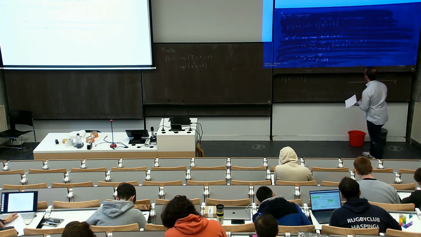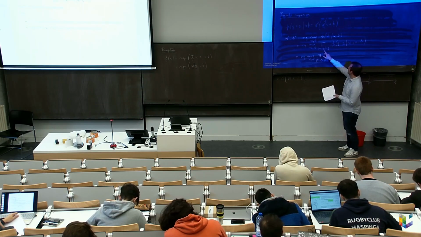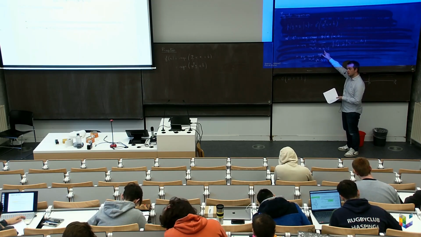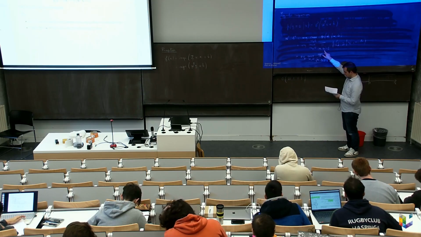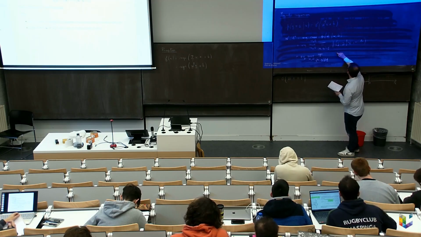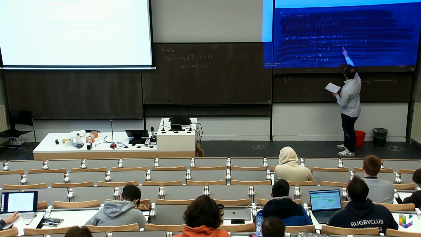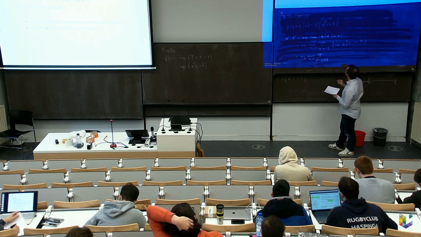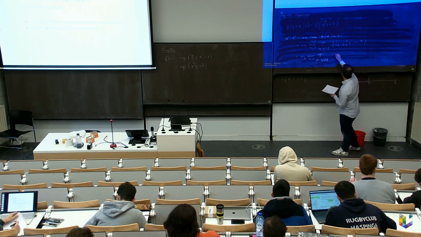We have two cases: either yi is positive or yi is negative. If it's positive, then the probability of the positive class is given by this expression, the sigmoid of the dot product of w and x plus b.